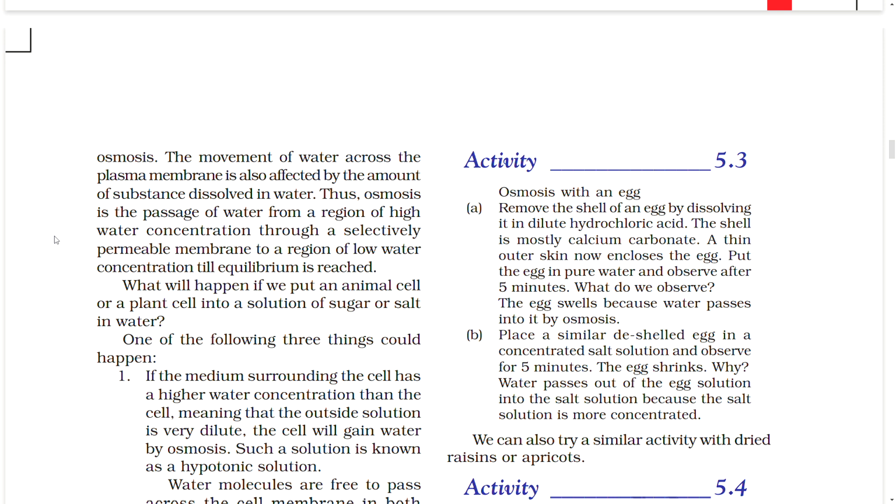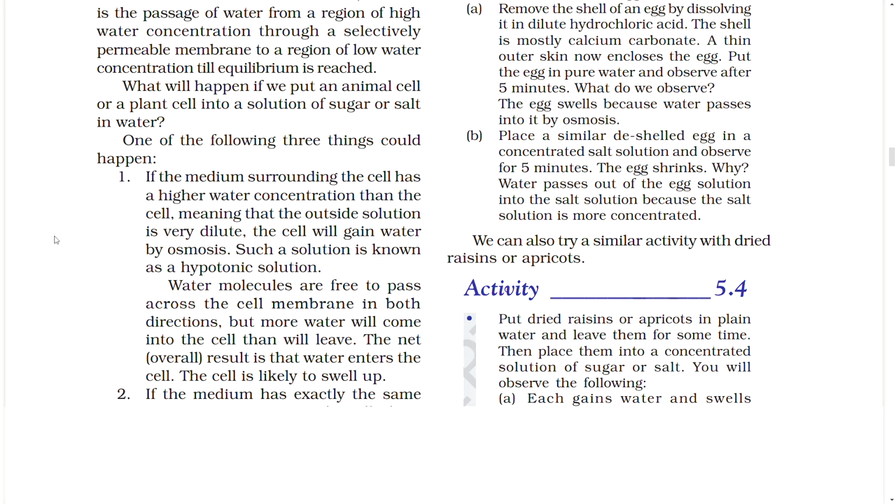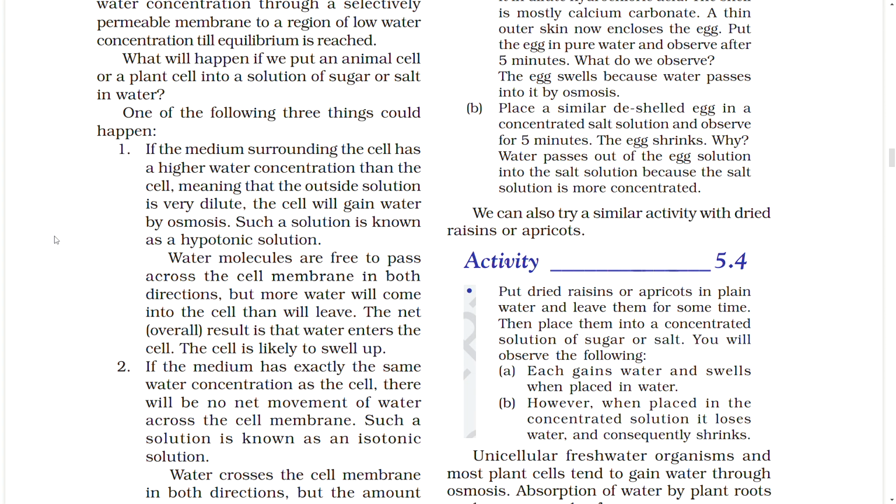What will happen if we put an animal cell or a plant cell into a solution of sugar or salt in water? One of the following three things could happen. 1. If the medium surrounding the cell has a higher water concentration than the cell, meaning that the outside solution is very dilute, the cell will gain water by osmosis.